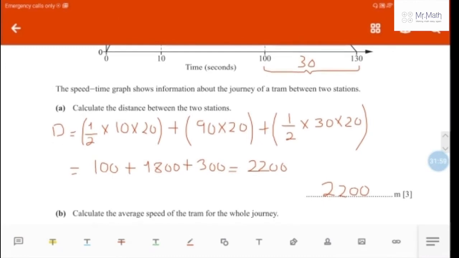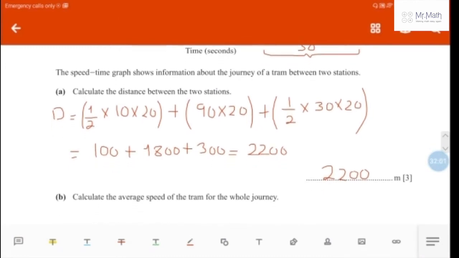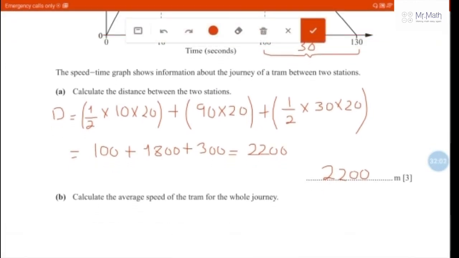Now, to find the average speed, the average speed is equal to the total distance over the total time. The total distance is the answer to my part A, so it's 2,200 over the total time, which is equal to 130.